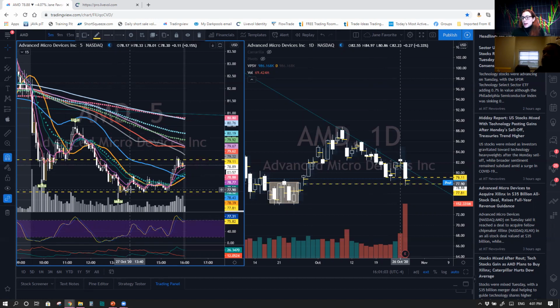Where are we right now in relation to those prints? Higher than that, right? So that could be a good thing. Those could have been buying prints, hopefully.